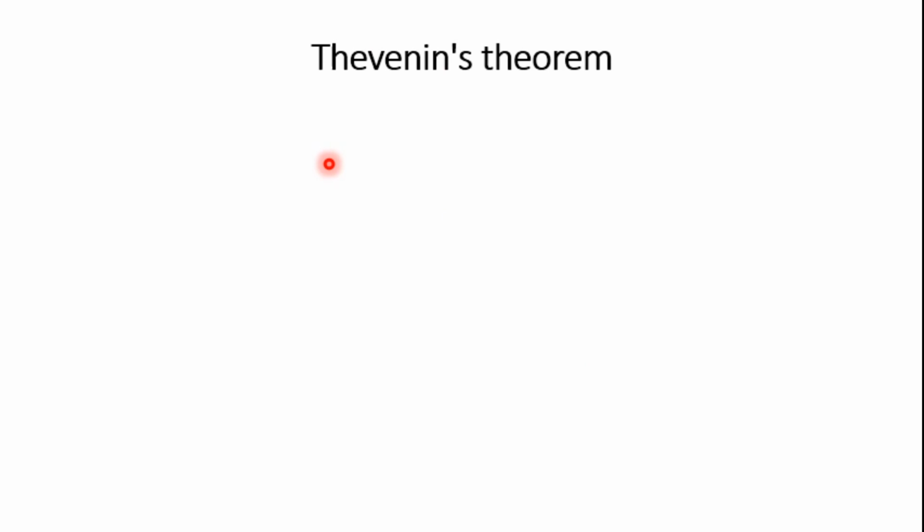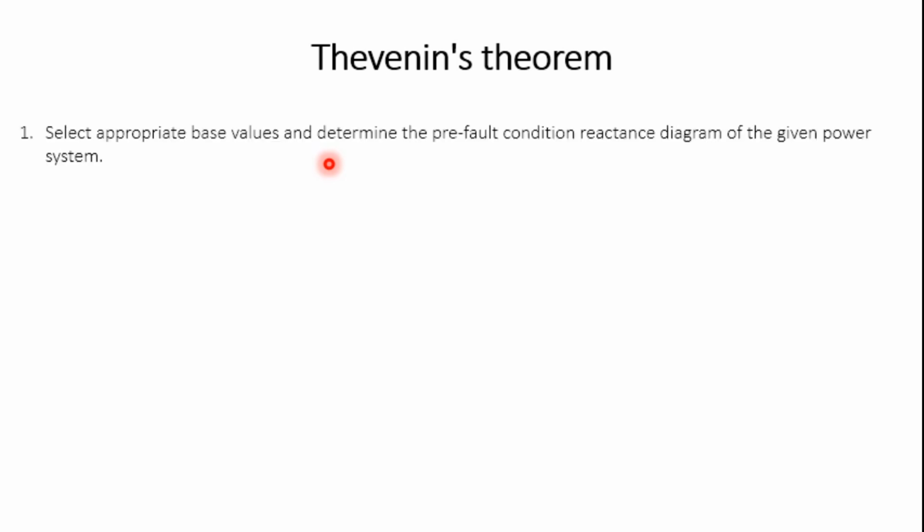As the name implies, Thevenin's theorem is employed in this case. These are the procedures followed to calculate the voltage and current under a symmetrical fault in this approach. First we have to select the appropriate base value. This is important.